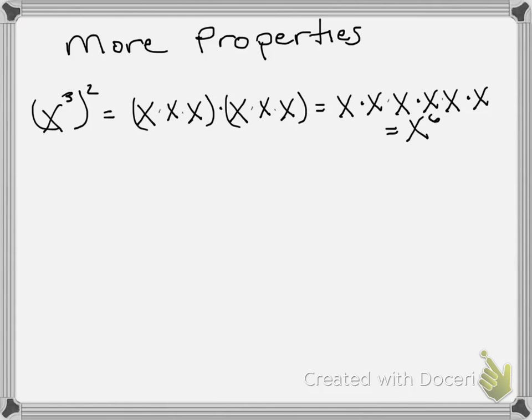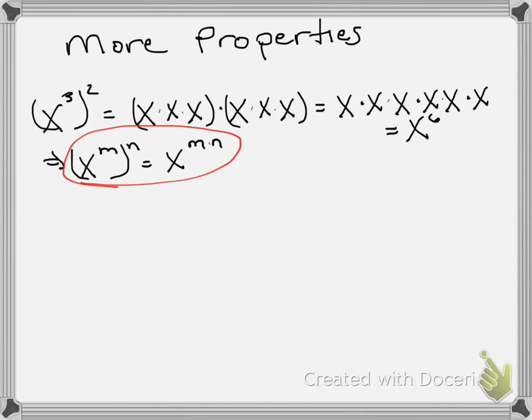Write that out longhand, and you can count them, 6 x's up here, which gives us x to the 6th power. Let's rewrite that as a rule. Anytime we have an x to the m raised to the nth power, we end up with x to the m times n. So we multiply m and n times each other. In this case, 3 times 2 is 6, giving us x to the 6th power.